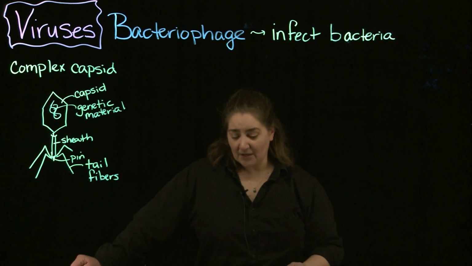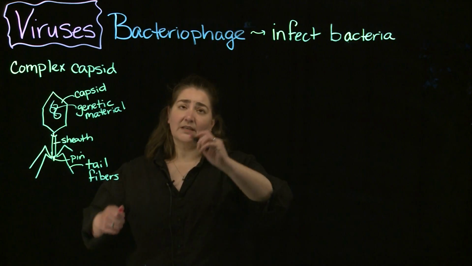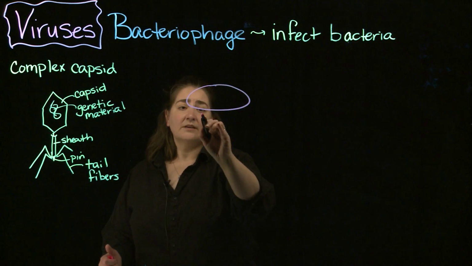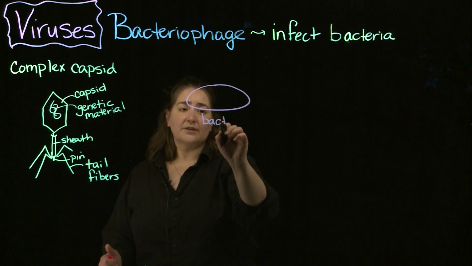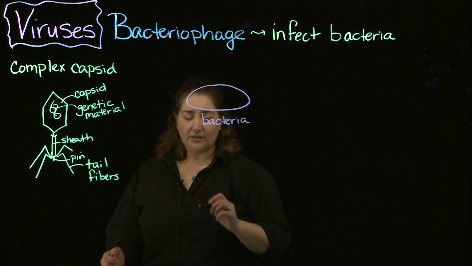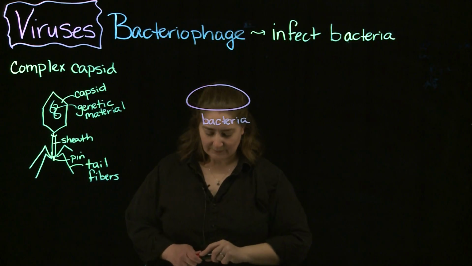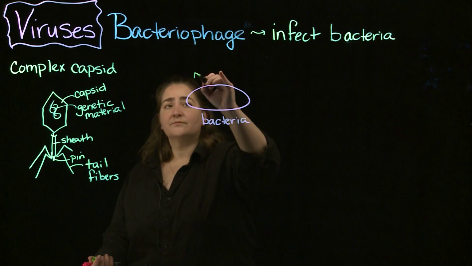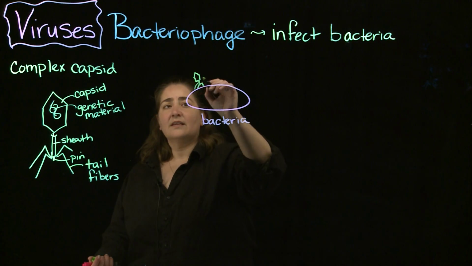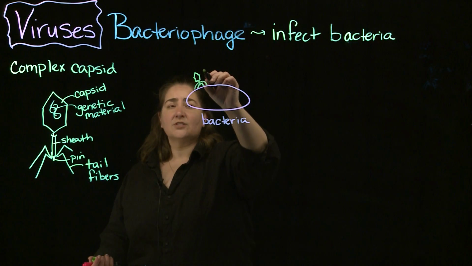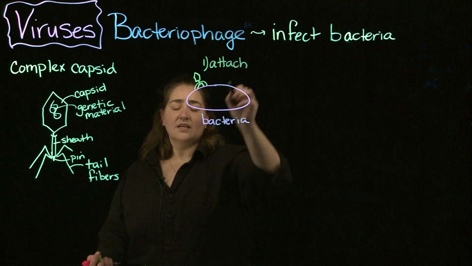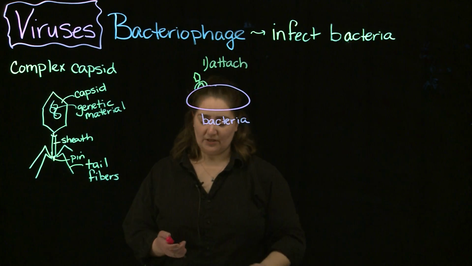But the bacteriophage is essentially a virus that will infect bacteria. So I'm going to draw a little bacteria here in pink, and since I did our bacteriophage in green, we'll make it green here. Essentially what that bacteriophage does first is it has to attach to the bacteria itself.